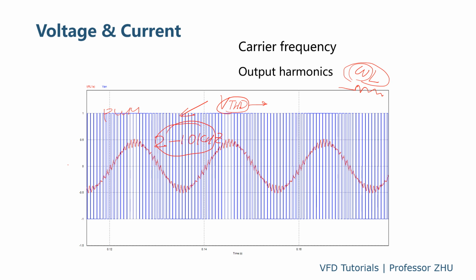So you have a high value of voltage at high frequency, but very, very low high frequency ripple current. So the actual current waveform is very good. The current THD is normally lower than the voltage THD because of the effect of the impedance.